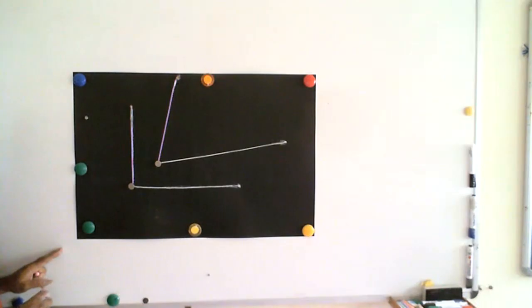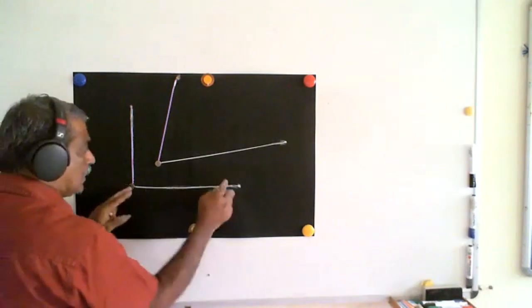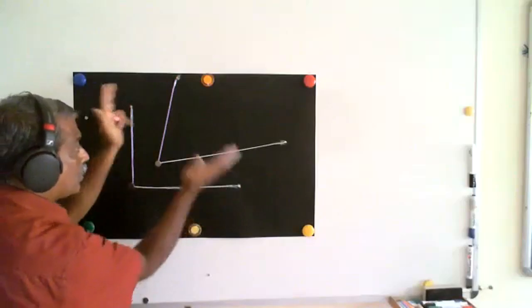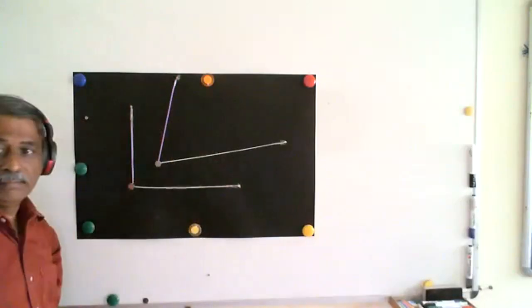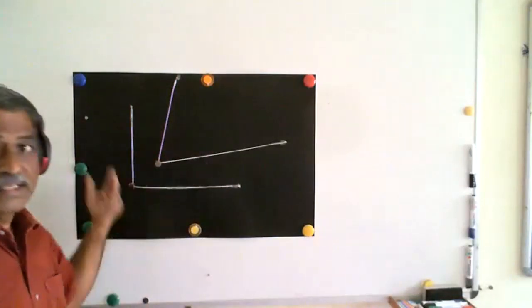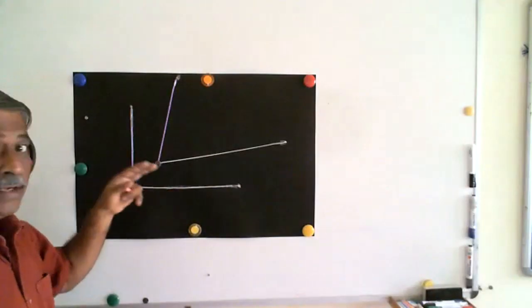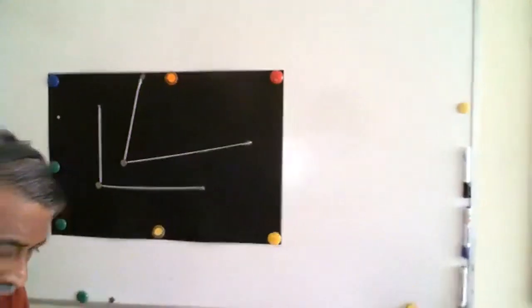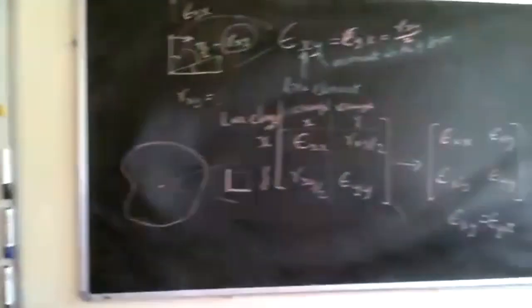After deformation, this has stretched, and this has stretched, and not only stretched, but also the angle has changed. With this I can do many things, but right now I will consider primarily that I have these strains available now.